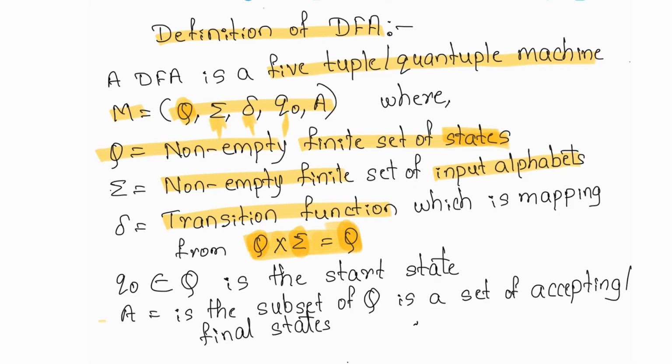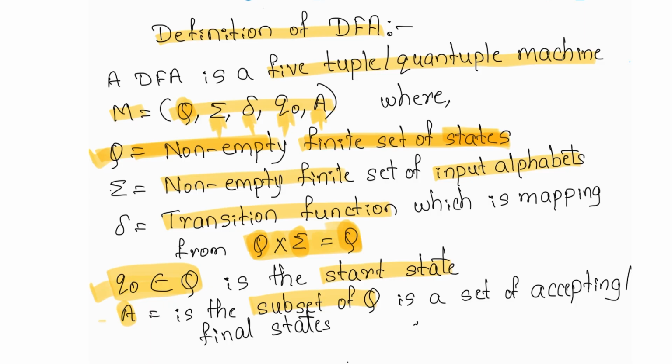Then Q naught belongs to the set Q only, and it represents the start state. Then A is the last tuple out of the 5-tuple, and it is also a subset of Q. Capital Q is nothing but the finite set of states. Among the given states only, Q naught will be defined.